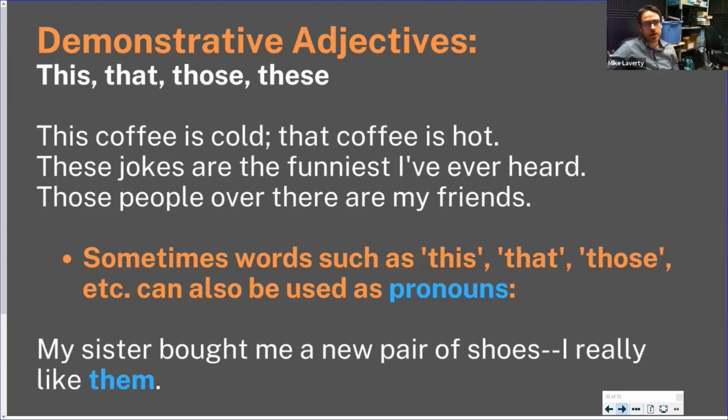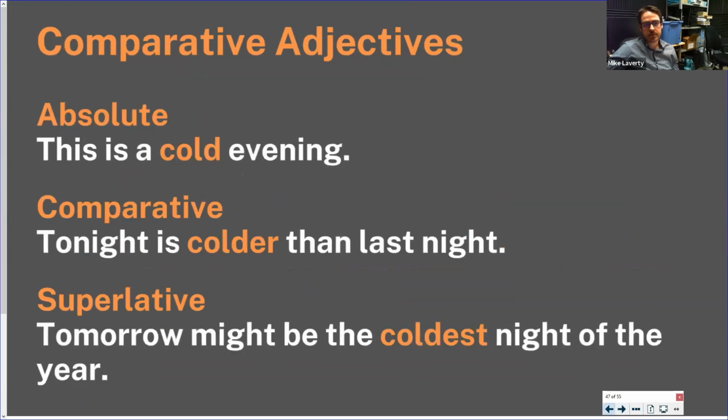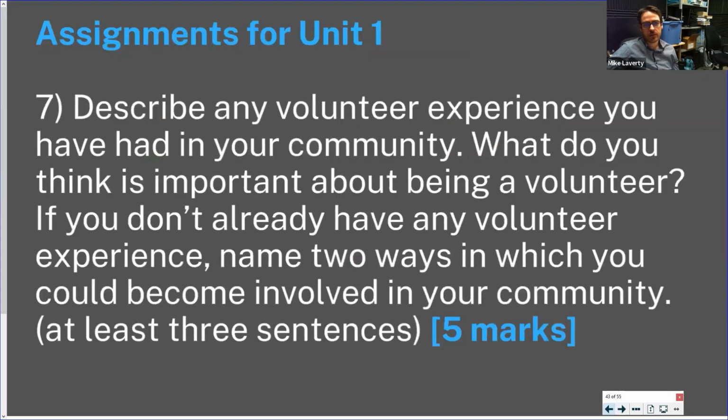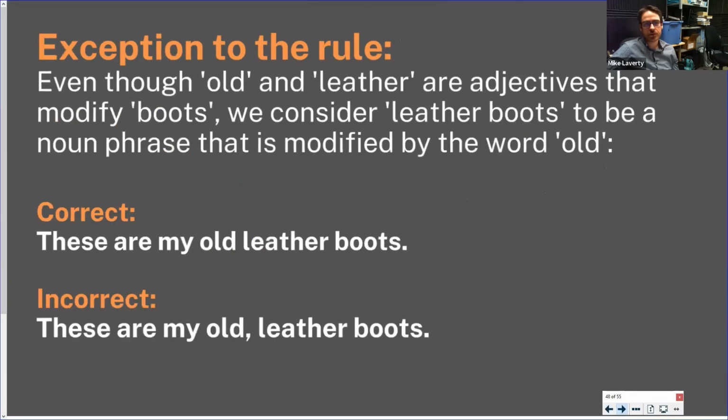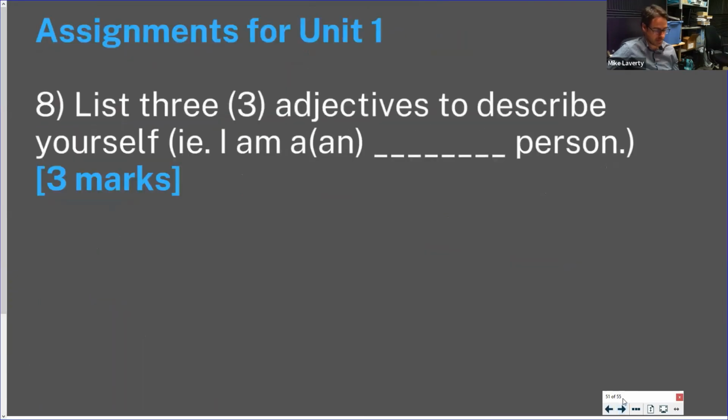So question 8 says, oh wait, did I get that right? Right. Question 7 is about volunteer experience. Question 8 is asking about listing 3 adjectives to describe yourself. I am a blank person, right? So you can just follow that template if you want.